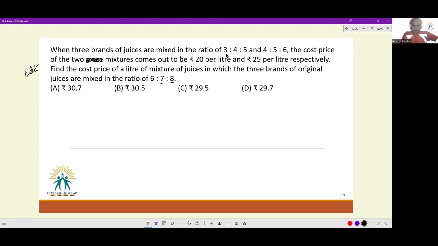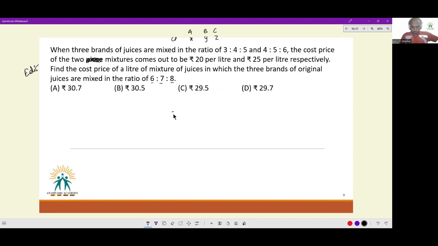Let the cost price of 3 brands of juices, let those 3 brands be A, B, and C. Let the CP of A be x, let the CP of B be y, let the CP of C be z.